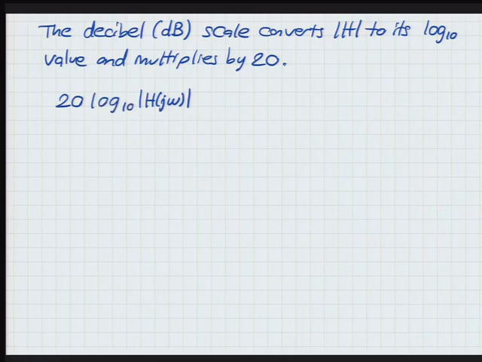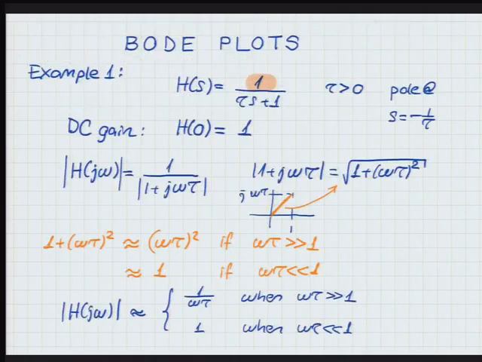All right? So how can I approximate this if I go back to what I had here? When omega tau is much bigger than 1, when we're in this regime, we're going to be looking at the logarithm of that. So 1 over something, when you take the logarithm, it's going to be negative logarithm of what's in the denominator, right?